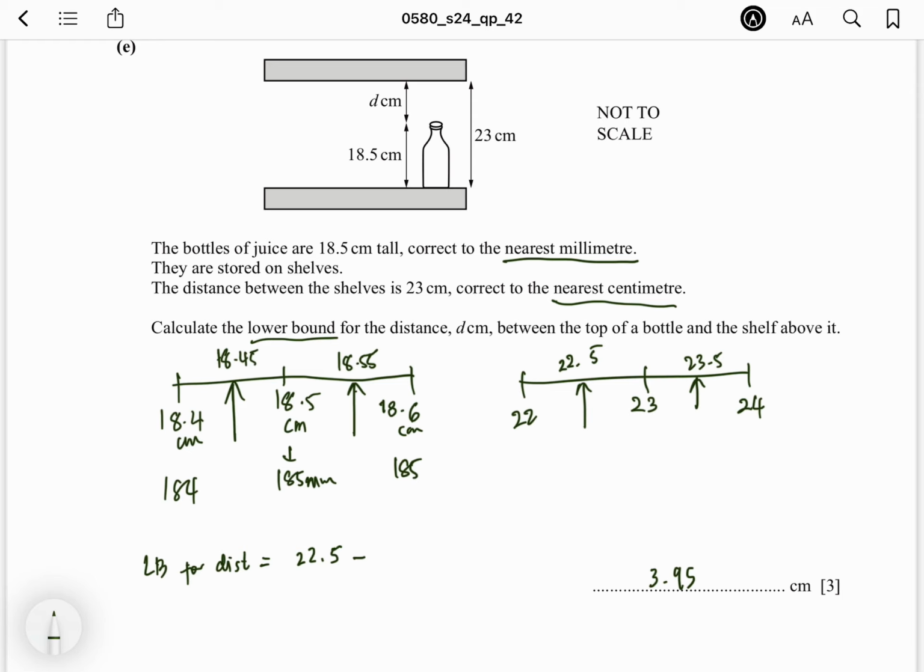The upper bound of the bottle is berapa, Ridwan? Good. Do you get 3.95? Do you get 3.95?